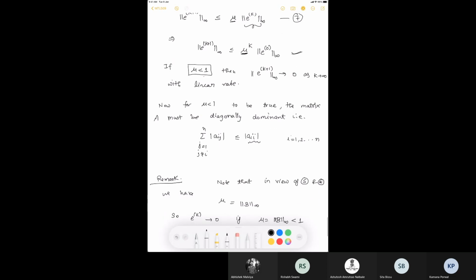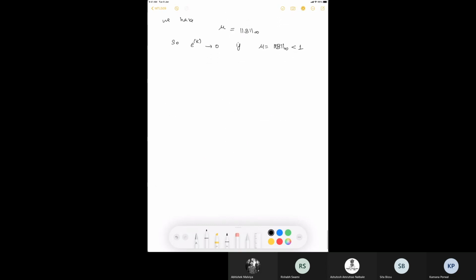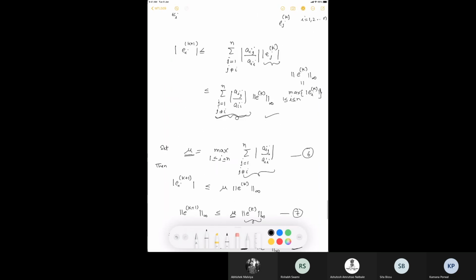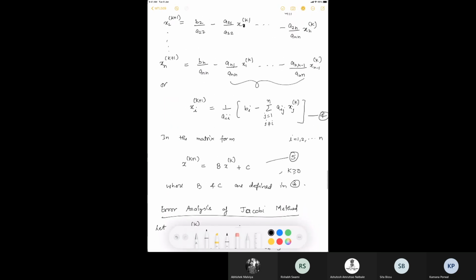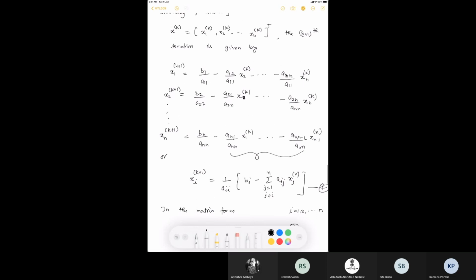So we can further reduce this factor here by doing a little modification in the method, which is the Gauss-Seidel method. So this is basically the modification of the Gauss-Jacobi method. Now let me explain this method. If you are clear with what we have done here, then it's just a simple modification of this method.